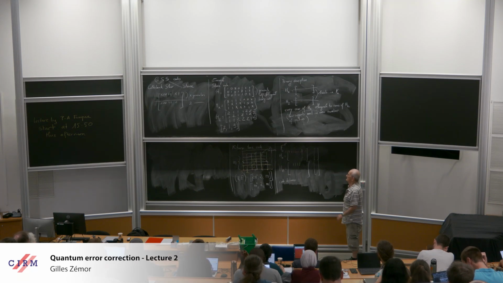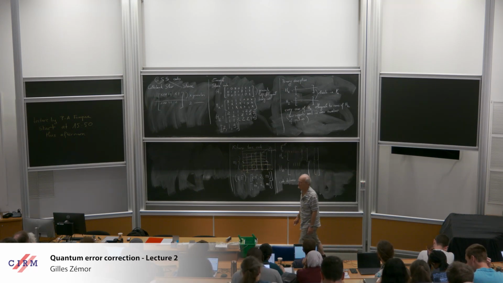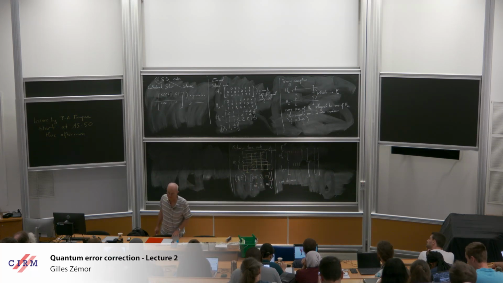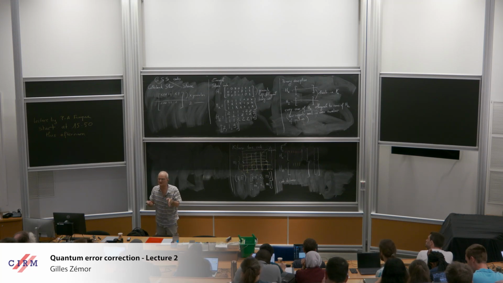One can apply this. In the quantum case, it's not quite good enough because this generic decoding algorithm is polynomial time, but it's not linear time. And in the quantum setting, we want decoding algorithms that are super fast because we don't want to wait too long for our quantum states to get corrupted.